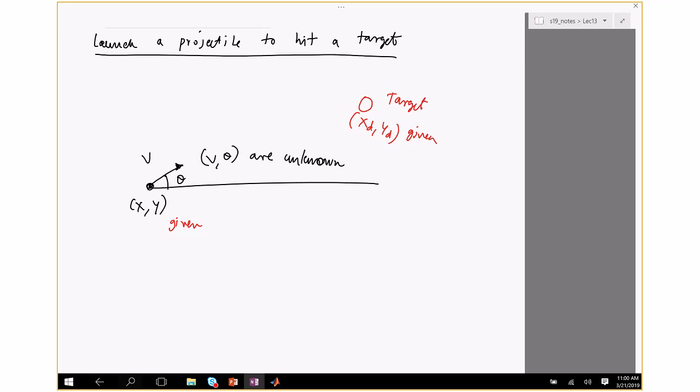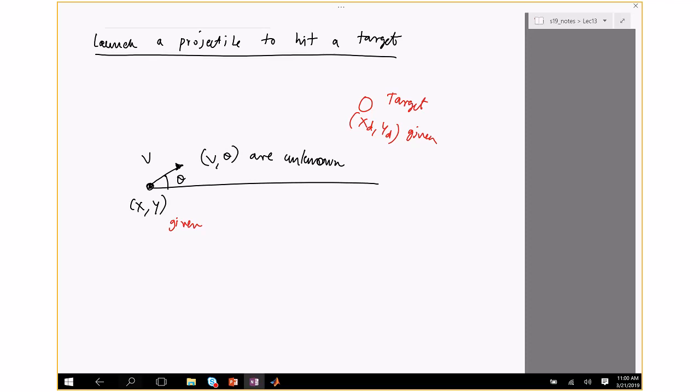For that particular problem, when we were talking about the mobile car or manipulator drawing figures, we used a function called fsolve. We use the same function here, fsolve, to solve the problem, except that it actually uses integration to figure out where the projectile will land. So you specify v and theta, it will shoot the ball and see where it lands, and if it doesn't land on the target, it will make corrections to v and theta so it will eventually hit the target.